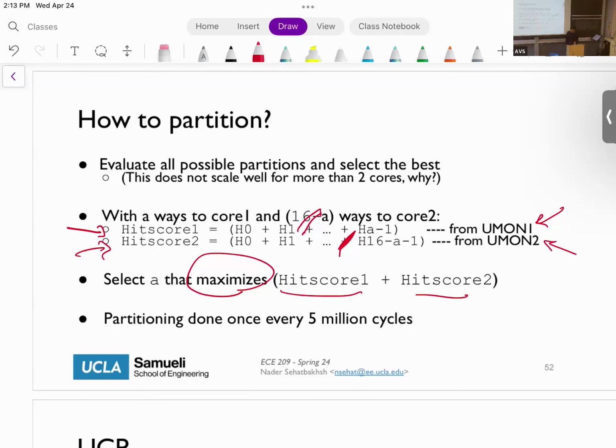So for example, let's say that the division would say 15 to one core and 1 to the other core, which means that I'm basically going to do H0 plus H1 from this one all the way to H14, plus H0 from the other, okay? In other words, there is one application that really benefits from having more cache, and the other one gets nothing useful from the cache.